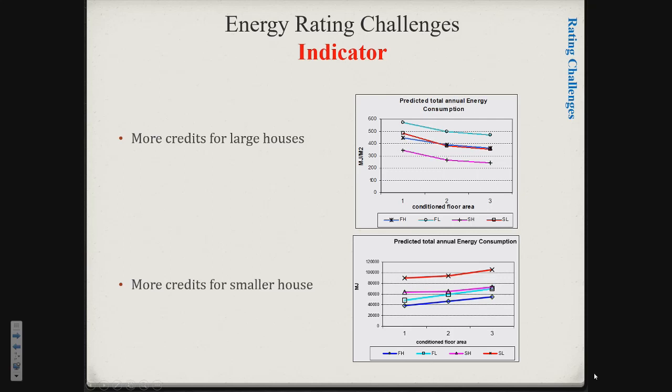The larger house gets better stars from the rating system, because it is divided by the floor area or the volume of the building. And if we change the index to megajoule, smaller houses get better results. So that means the efficiency is strongly related to the floor area. That's not true.